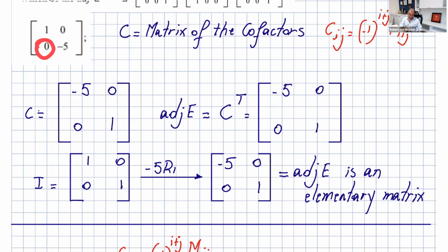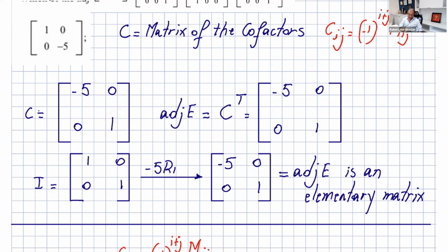If you want to find C21, it is -1 to the power of 2 plus 1 times the determinant of that matrix, which is one entry, so it's just 0. And finally, this one is C22, so -1 to the power of 4, which is just 1, times that number, because it's the determinant of just a 1 by 1 matrix, and it's 1.